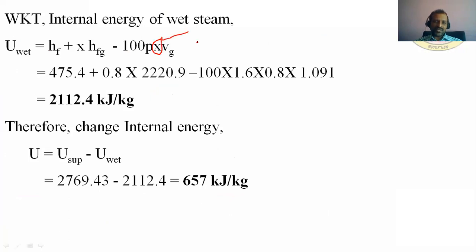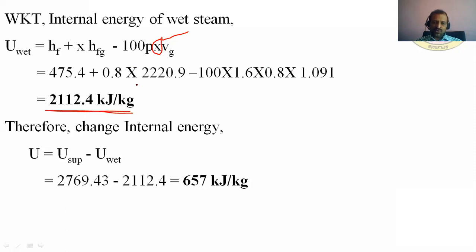So substitute all the values from the steam table: 475.4 plus 0.8 into 2220.9 minus 100 into 1.6 into 0.8 into 1.091. After calculating, you will get the answer as 2112.4 kilojoules per kg. So this is the internal energy for wet steam.